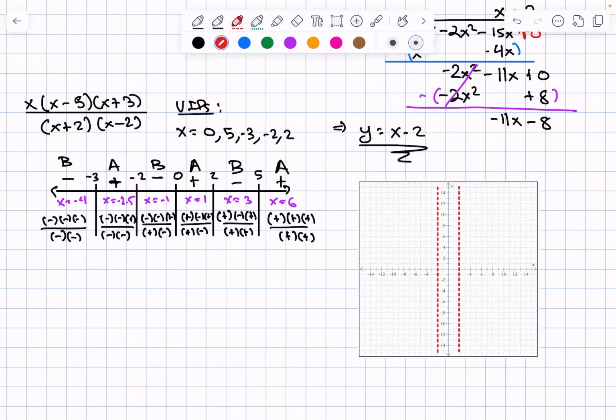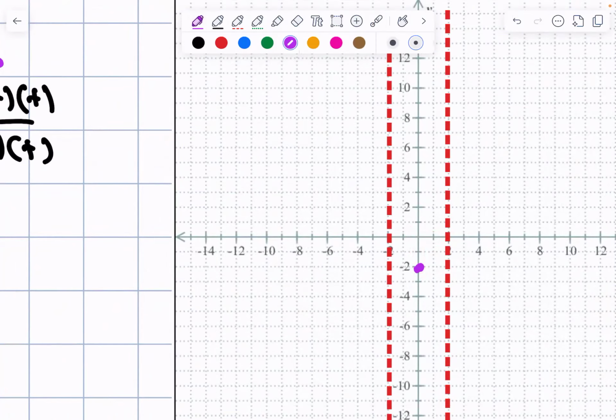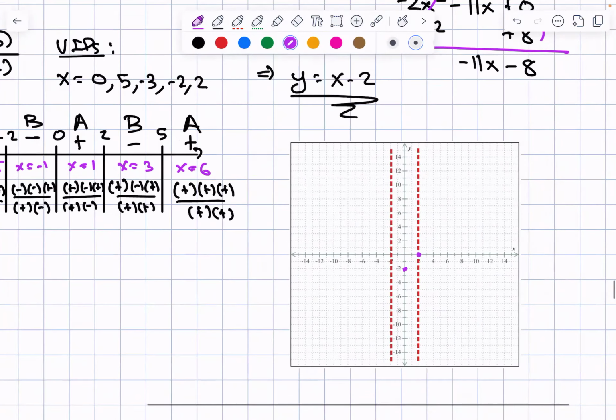And then we had our oblique asymptote at y equals x minus 2. That has a y-intercept of -2 and a slope of 1. So I can either plot, so I go up 1 over 1 to plot the point -1 comma -1, or I can go up 2 over 2. It really doesn't matter, just to make sure my graph is already kind of scrunched in for space. So I'm going to go ahead and do that and then draw a line connecting those 2 points.